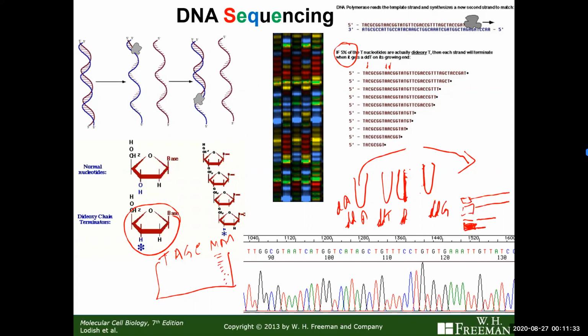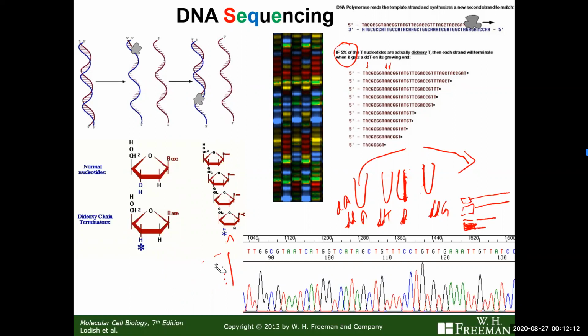So you will have exactly the length of the fragment; they will all stop at different places, and you read the sequence from the bottom. That is how we used to do DNA sequencing during our time. For each fragment of DNA, you will have to do 4 different reactions. So that was then.